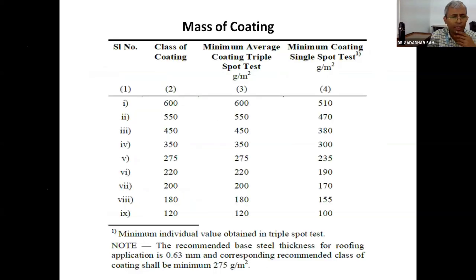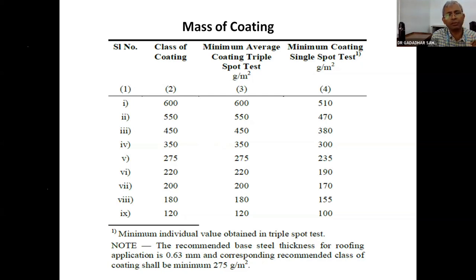Okay, then after that GSM. GSM is coating thickness, gram per square meter. If you start from the bottom nowadays, it is 120 the normal grade, 120, 180, 200, 600.